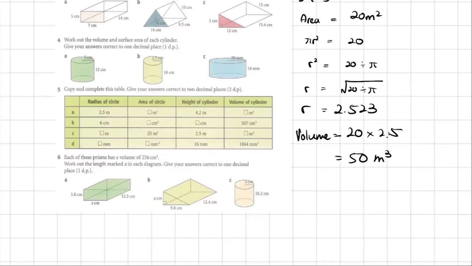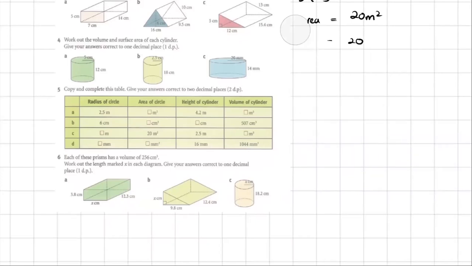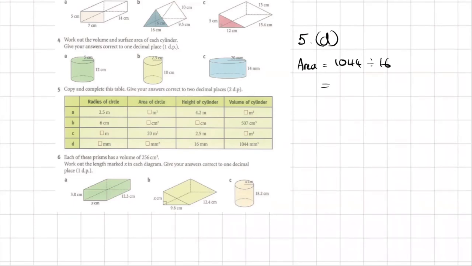And then the last one, question 5D. We have the height of the cylinder, so volume of the cylinder divided by height is equal to the area. So find the area first: 1044 divided by 16, 65.25 is the area of the circle.